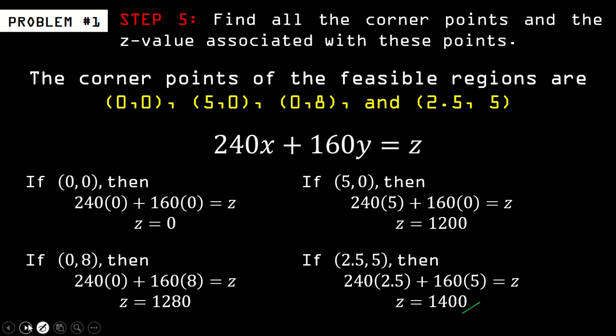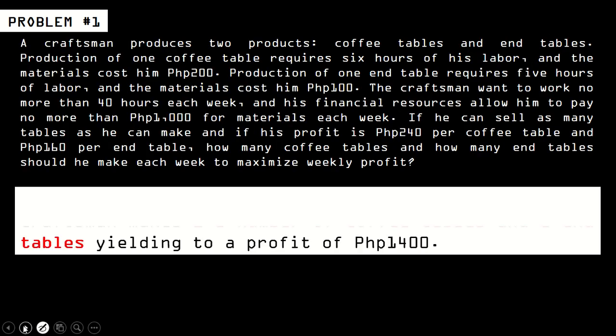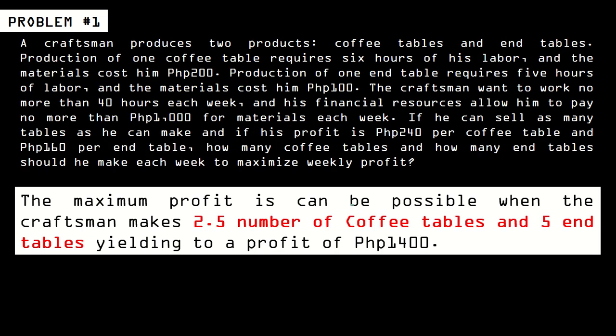Therefore, we can have this conclusion: the maximum profit is possible when the craftsman makes 2.5 coffee tables and 5 end tables, yielding a profit of 1,400 pesos. This is the value of x, this is y, and our z here is the maximum profit, which is 1,400.